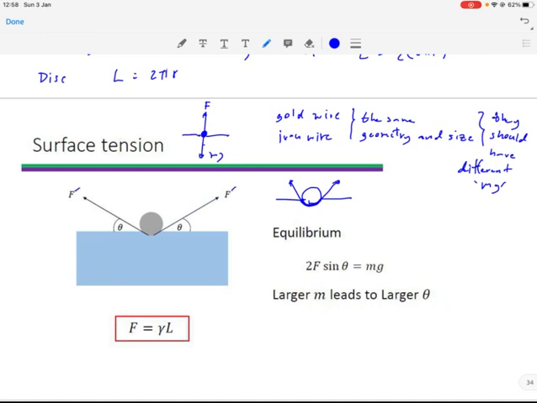We will call this F palm. You know that this F palm is tangent to the surface of liquid at the contact point with the surface of the object, and we treat this angle as theta.